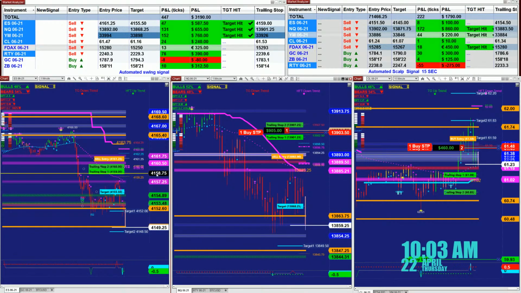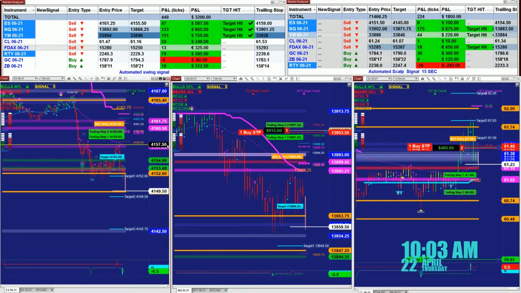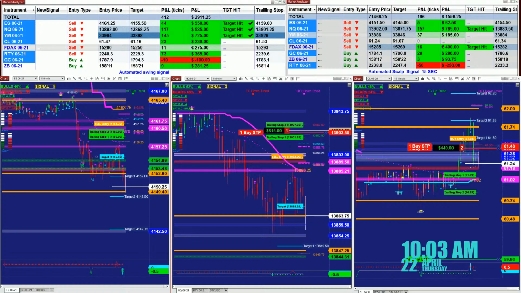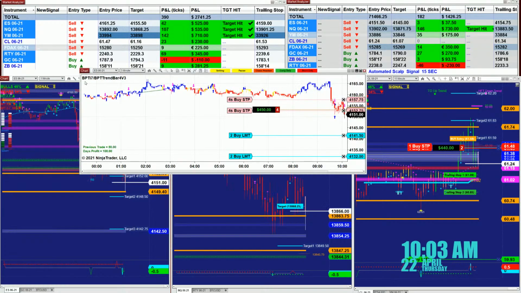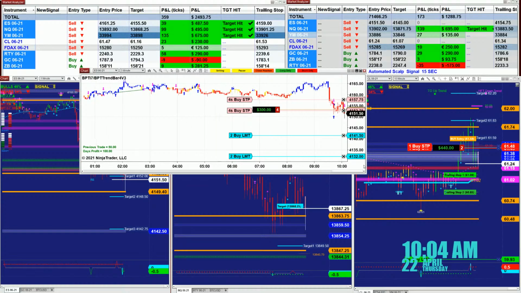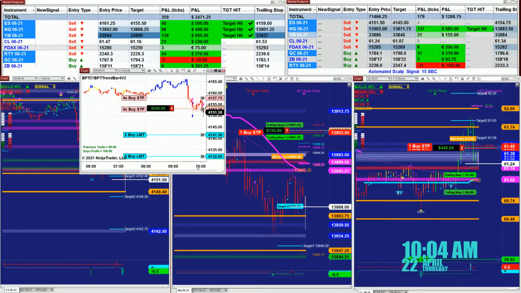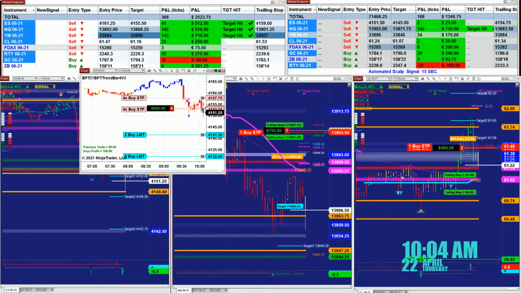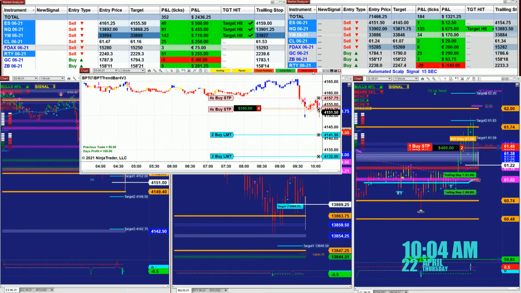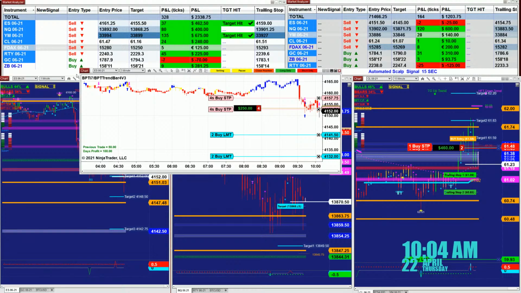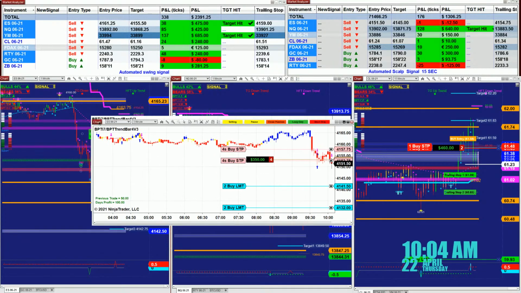If you are auto trading, you can always direct your auto trade to take short only or long only. If you are using our system, on the top of this is a totally different type of auto trade. It's not the signal auto trade. What you can do, if you want to, is direct your auto trade to go short only or long only.